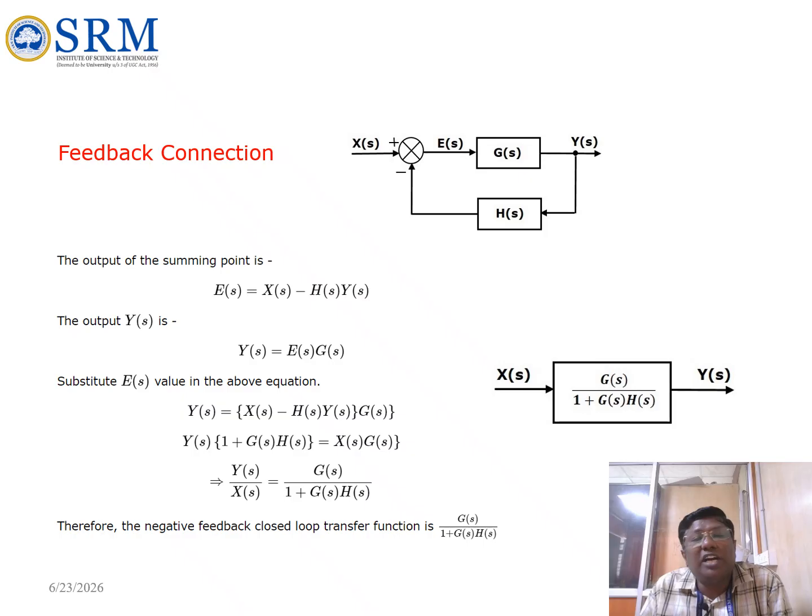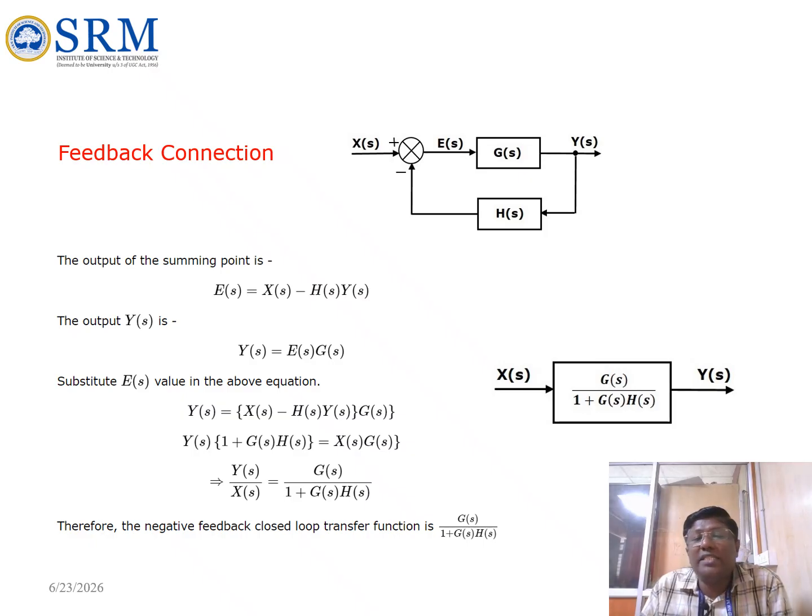Then output Y of s equal to E of s into G of s. So by substituting E of s value here, Y of s equals X of s minus H of s Y of s, into G of s. Rearranging the equation, Y of s by X of s equal to G of s by 1 plus G of s into H of s.